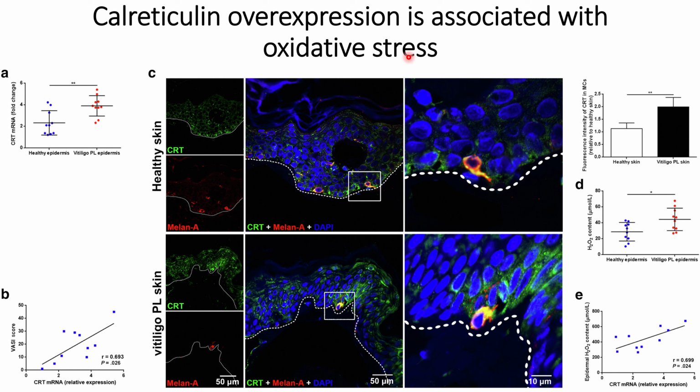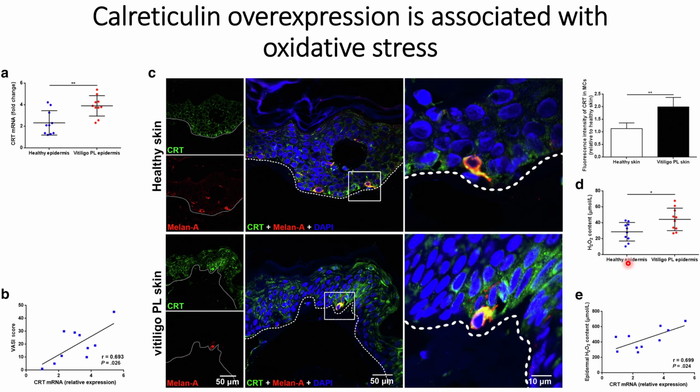In order to do that, first they checked the oxidative stress in the wild type healthy epidermis and the vitiligo PL epidermis. They saw that the H2O2 content is statistically significantly higher in the vitiligo PL epidermis compared to the healthy epidermis.